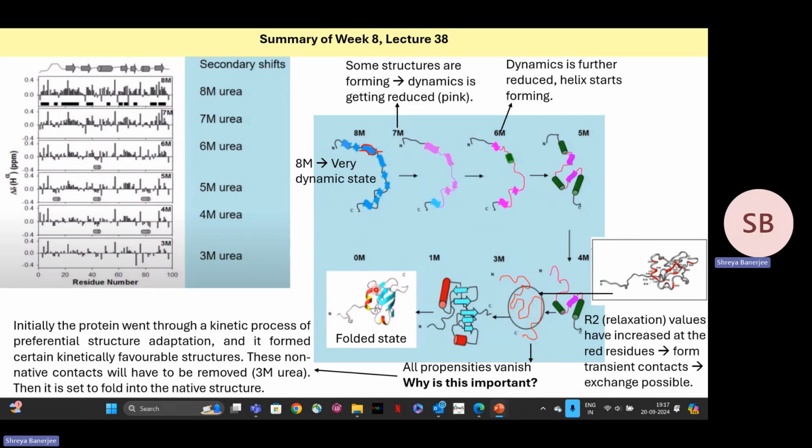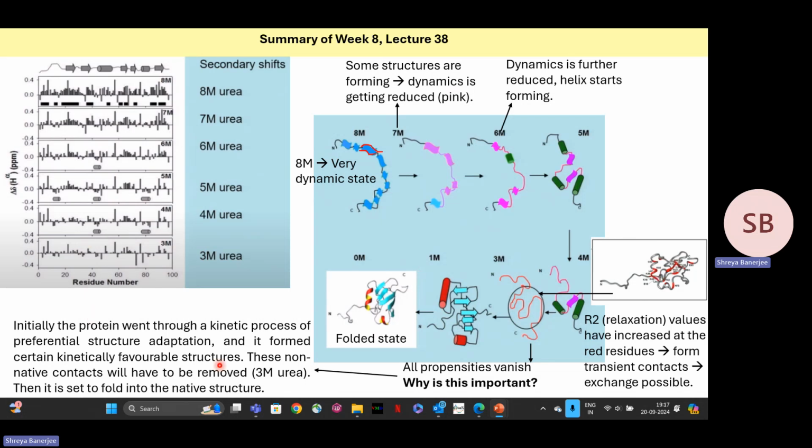So you can see in the folded state, there are multiple beta sheets here, which are indicated by these arrows, and there are 2 small helices, one very small helix and one slightly longer helix. Eventually, as you reach the zero molar state, the protein is completely folded.